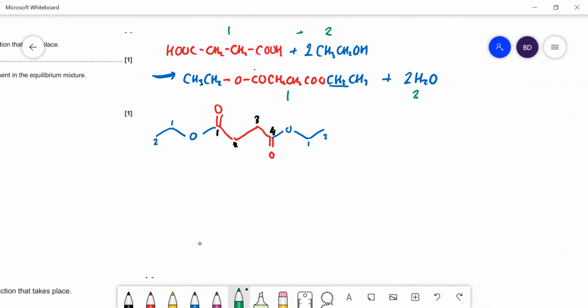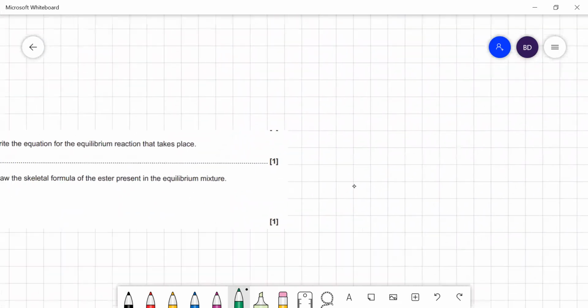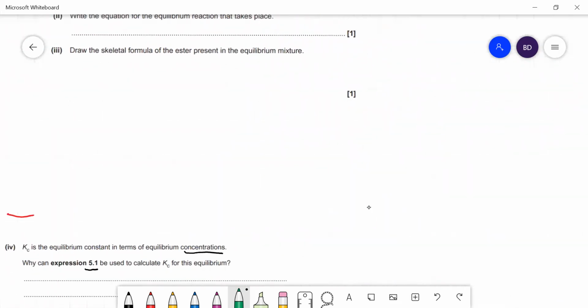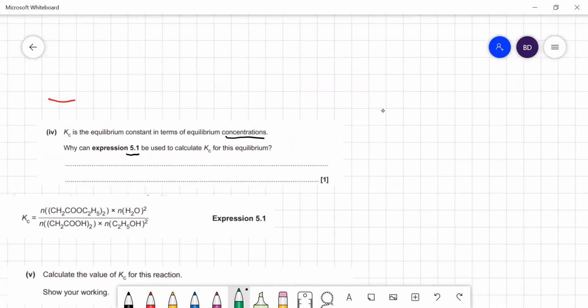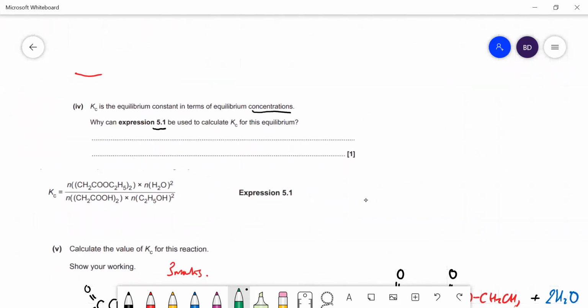So we've got the same number of moles on both sides of the equation. Now, whenever you have that, the volume terms will cancel out, because you've got 3 lots of volume on the top and 3 lots of volume on the bottom, so they will cancel out. It's only 1 mark, so all you have to say is you've got the same number of moles on both sides of the equation.